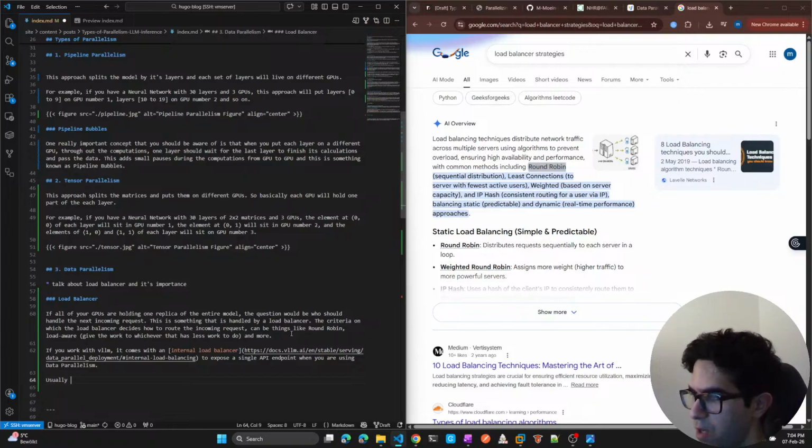But if you are looking for more throughput, then you want to add this replication, so that you have more GPUs and can serve more requests. So that's when data parallelism comes in.